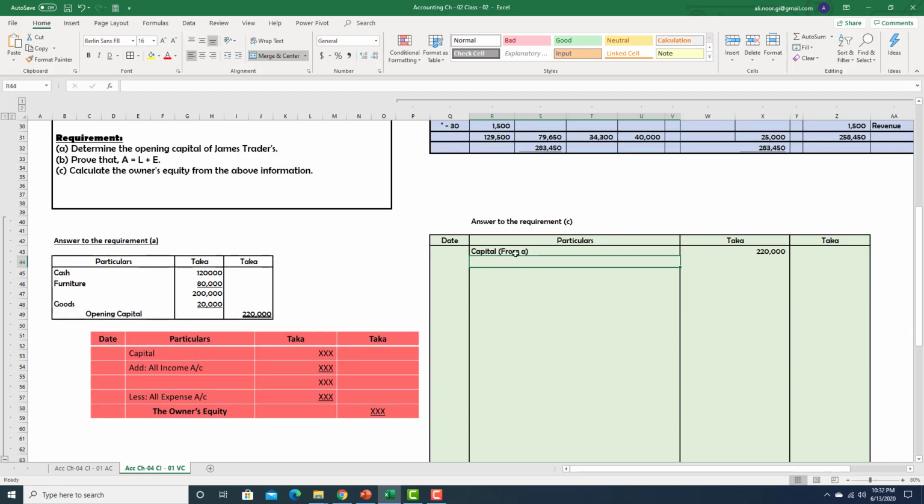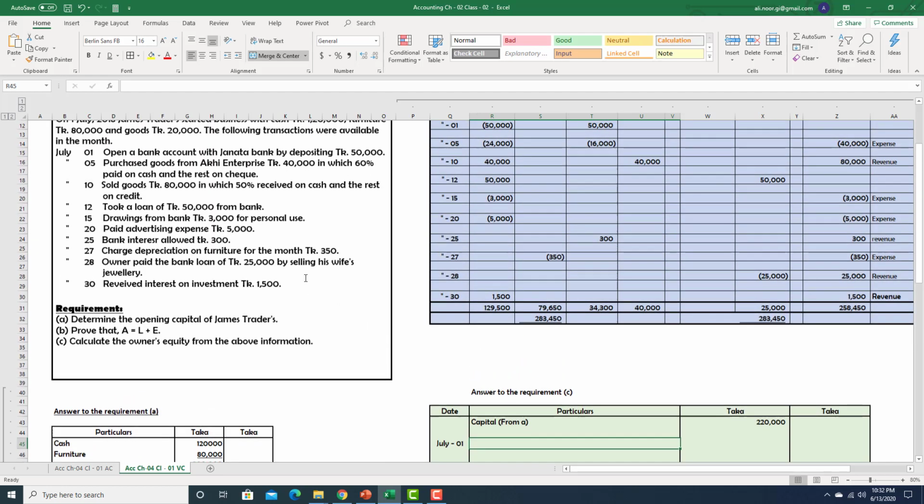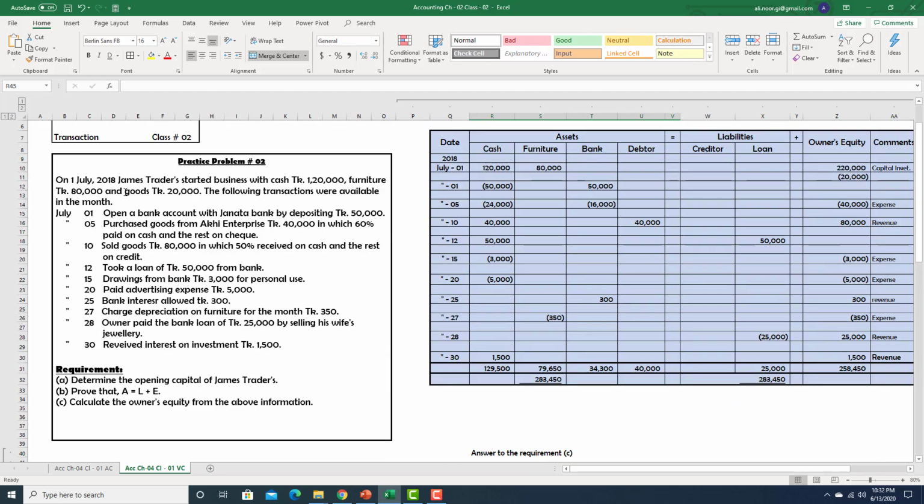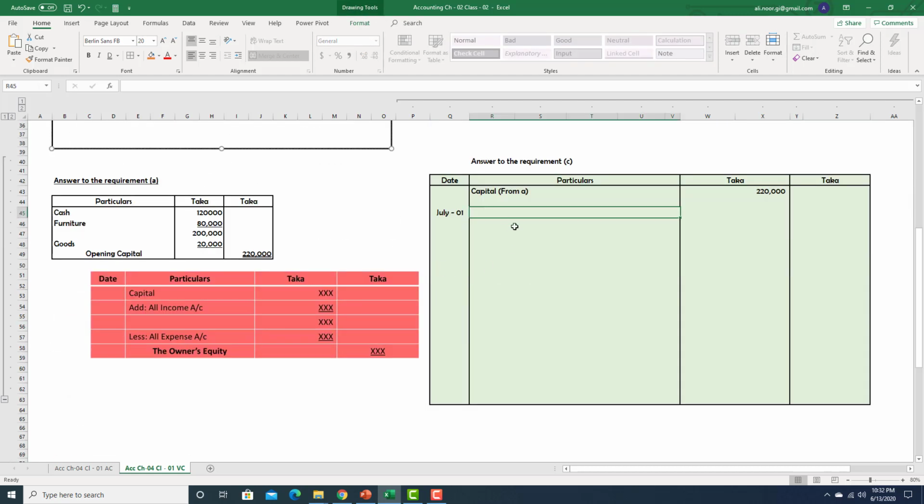Immediately after writing capital, for this math only, you have to less the goods that was purchased while starting business on July 1, and this is goods taka 20,000. You have to subtract this goods.